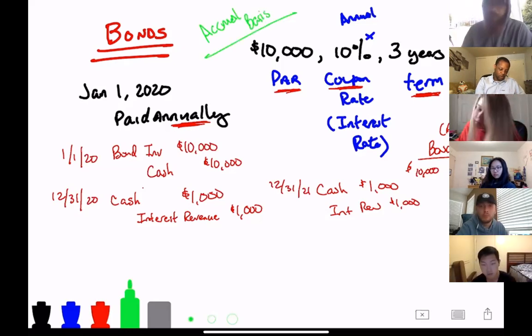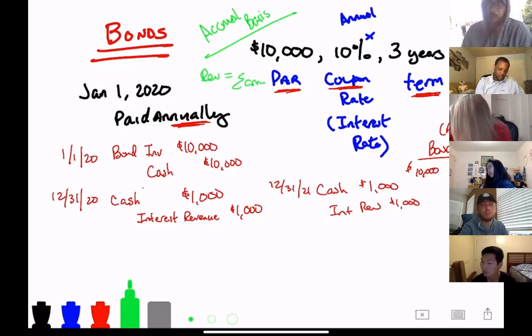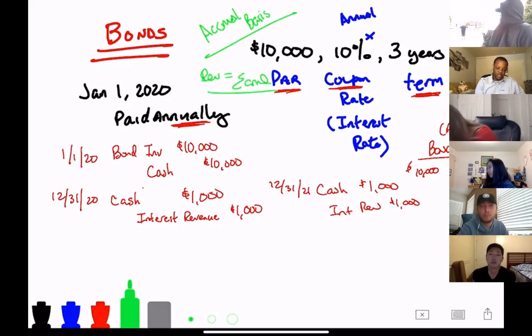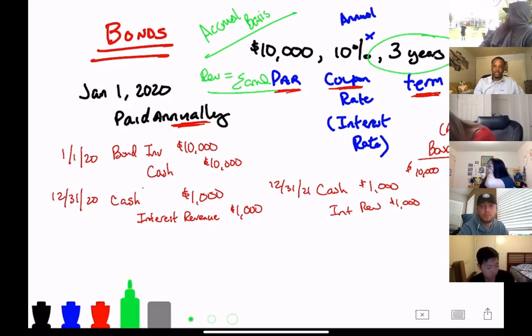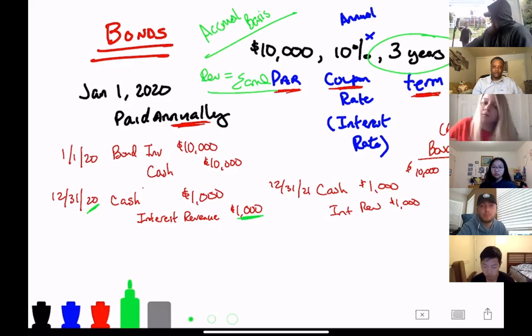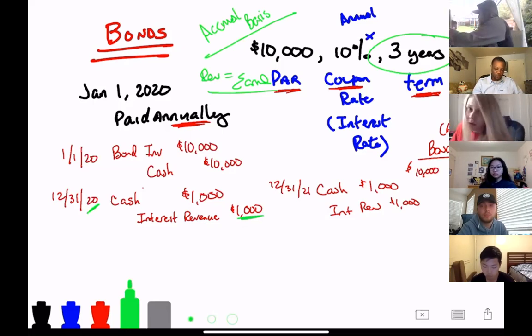It says record revenue when it's earned. So even though over the next 3 years I'm going to earn $3,000 in interest, at the end of 2020, I've only earned $1,000. And I have to wait till I get to the end of 2021 to earn my other $1,000.